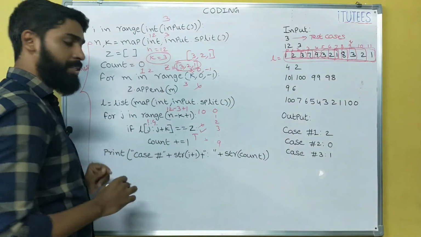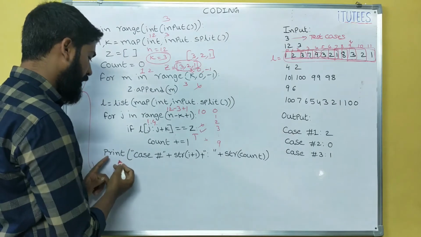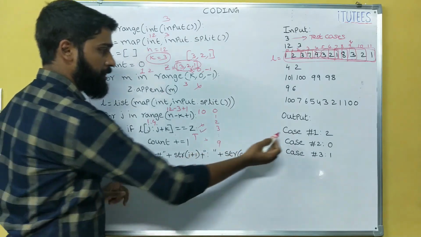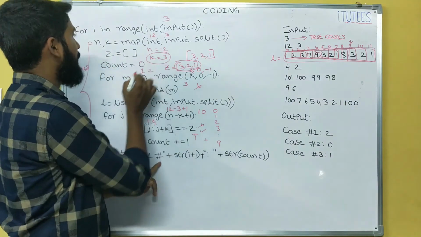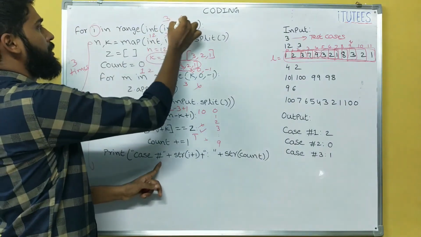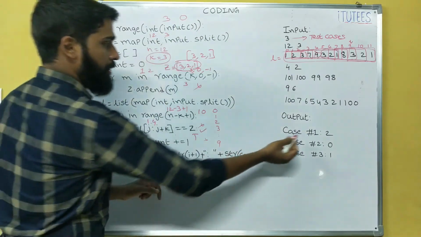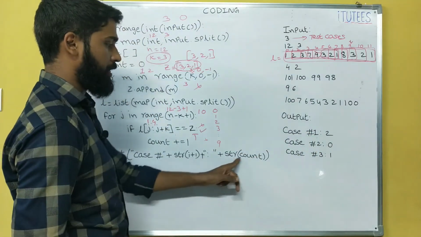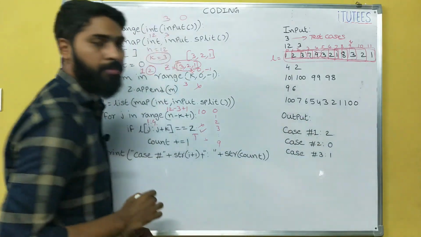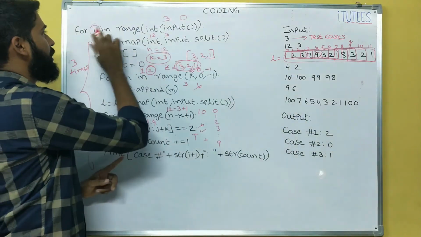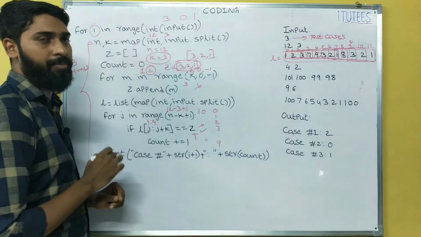The loop ends here. After that, print Case hash. So i plus 1. What is the i value initially? 0. So 0 plus 1 means 1. So str of the count value, 2. So it prints 2.